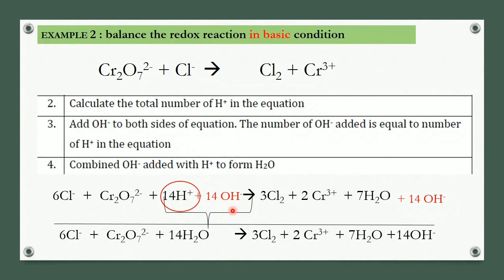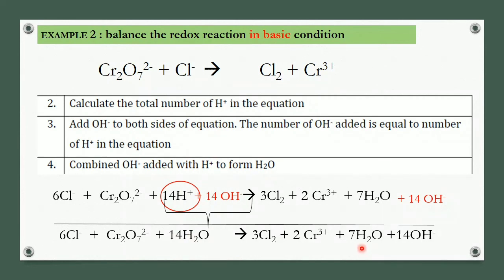So you can see there's no longer hydrogen ions in my redox reaction. It means that you can see there's a hydroxide ion, so it means that the redox reaction occurs in basic condition. And finally, you can simplify the number of water molecules. So here on my left side I have 14 water molecules and on my right side I have 7 water molecules.